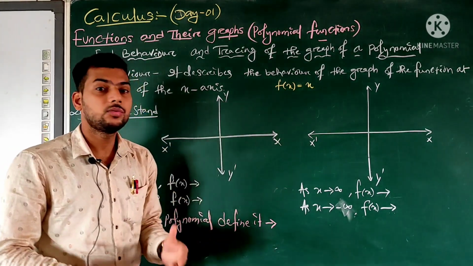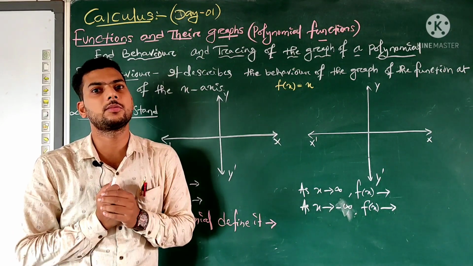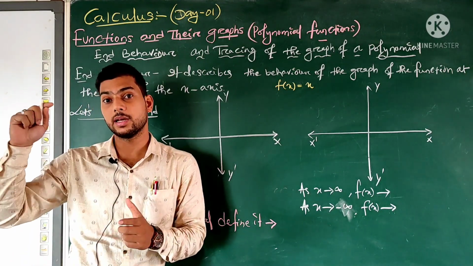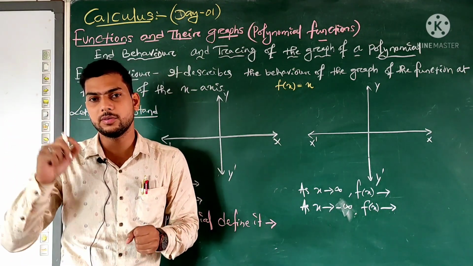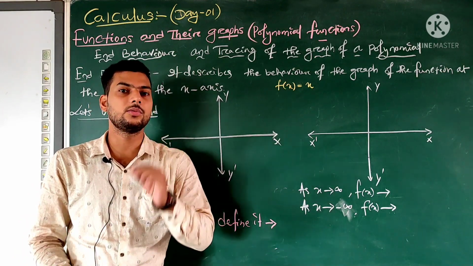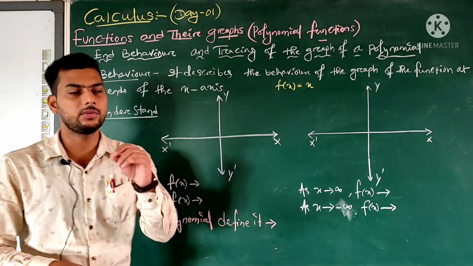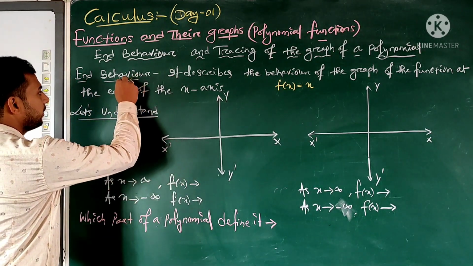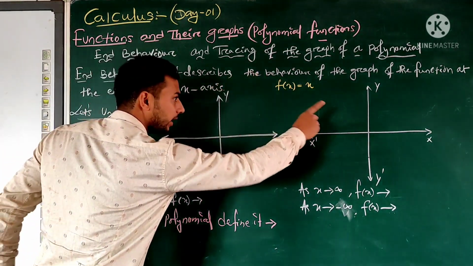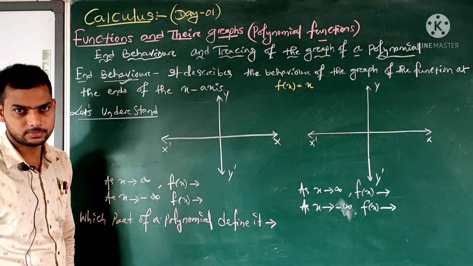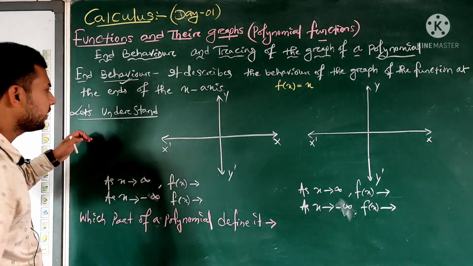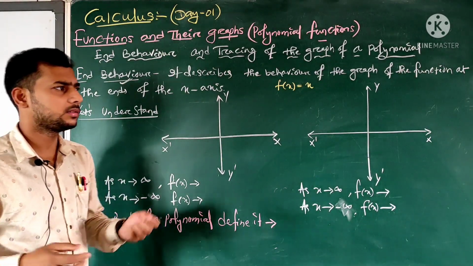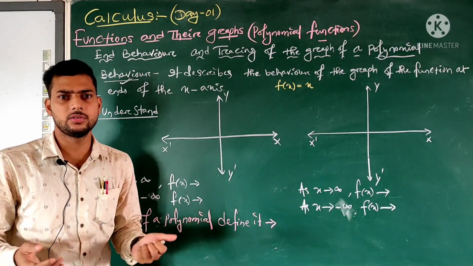Depending upon that, what is the behavior of the graph at that point, which can only be imagined, at infinity or minus infinity? That is known as the end behavior. End behavior means behavior at the ends of the x-axis. Clear? So let us understand the end behavior of a polynomial function.